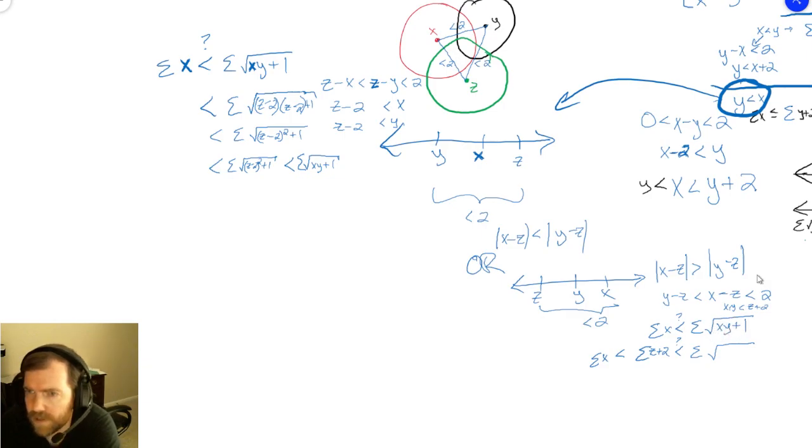Smaller than x times y, that's going to be y squared. So now we got to prove that sum of all z plus 2 is less than the sum of all square roots of y squared plus 1.